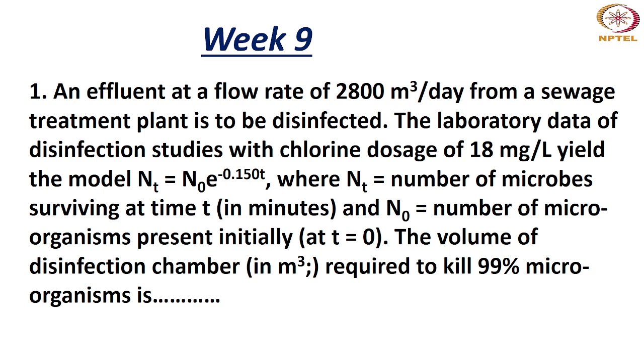The laboratory data of the disinfection studies with chlorine dosage of 18 mg per liter yield the model Nt equals N naught e to the power minus 0.15 t, where Nt equals the number of microbes surviving at time t in minutes, and N naught equals the number of microorganisms present initially at t equals 0. Calculate the volume of the disinfection chamber in meter cube required to kill 99% of microorganisms.